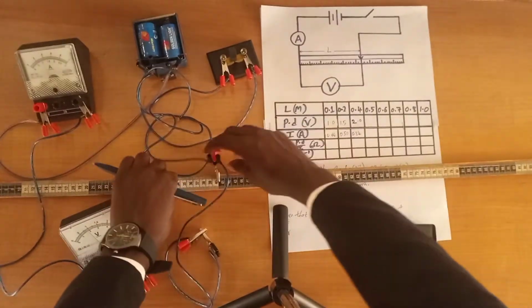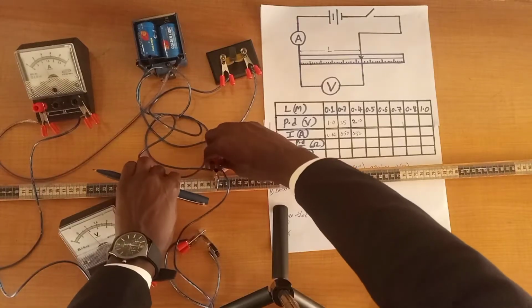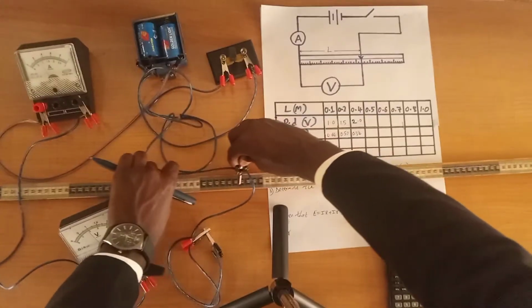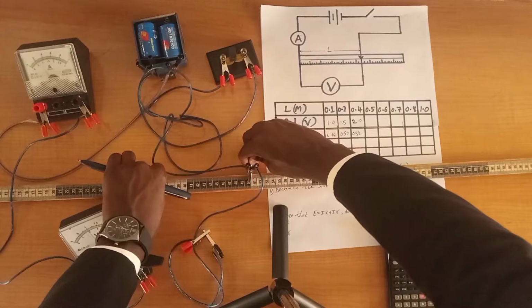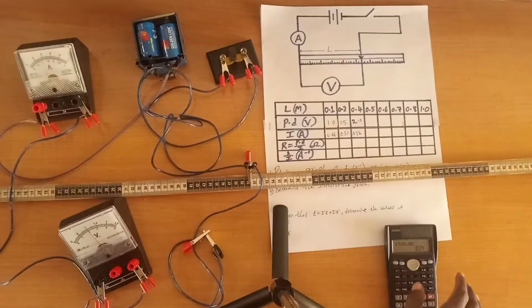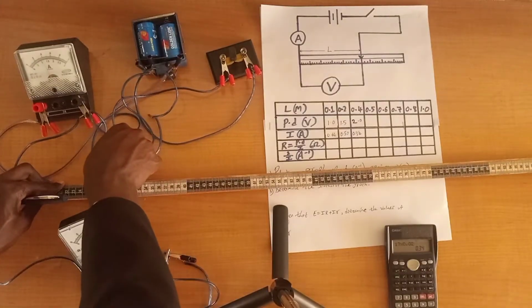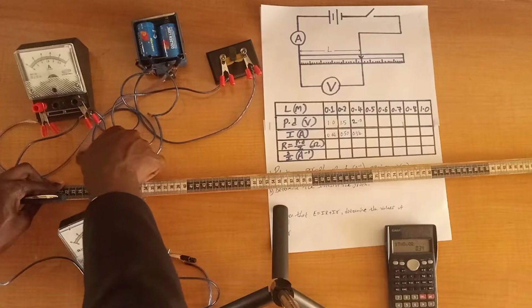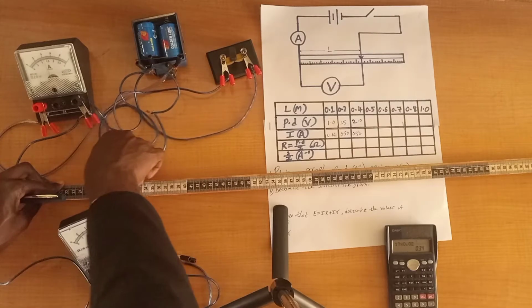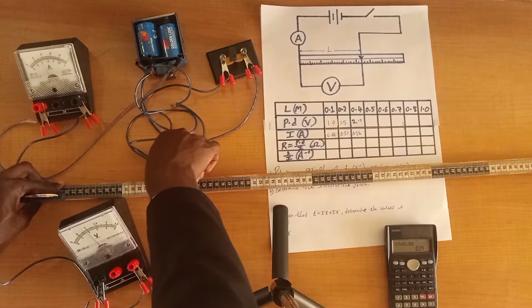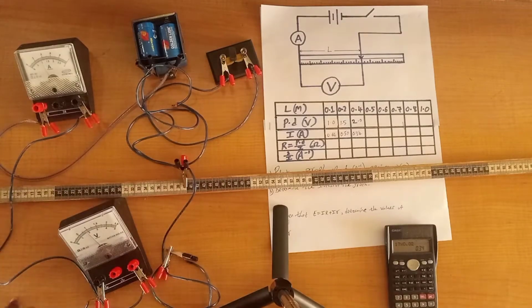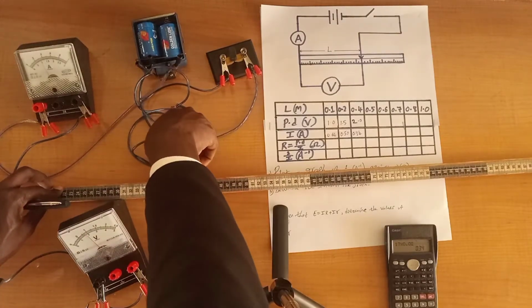We go straight to 50. So we have 50 there. For the voltmeter, I don't know why that shifted. We were at 40, you are now at 50.